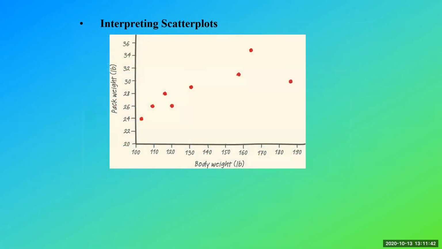So here we have a scatter plot of body weight in pounds versus pack weight, how much weight they are carrying in pounds. So if we are going to describe this scatter plot, I could draw a line going in between those data points where about half are above, half are below.